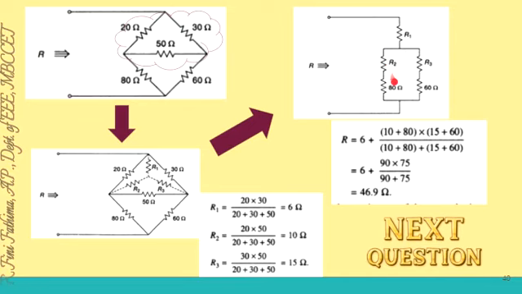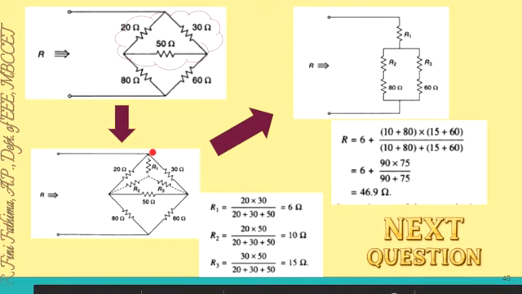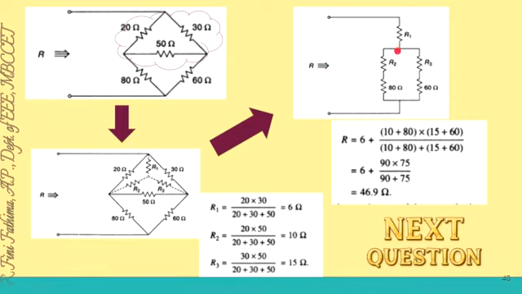R2 is connected to 80 ohm, and R1 to R3 to 60 ohm. So from R1 there is R2 with 80 ohm, and R3 with 60 ohm. We can draw the circuit in this form.